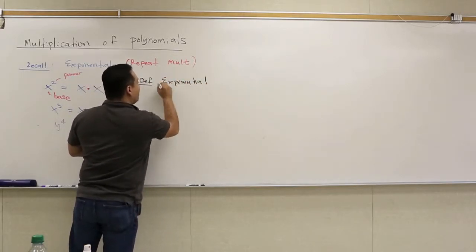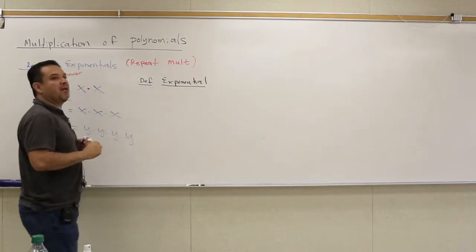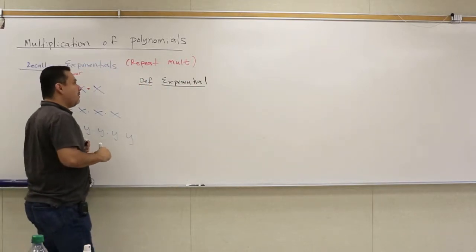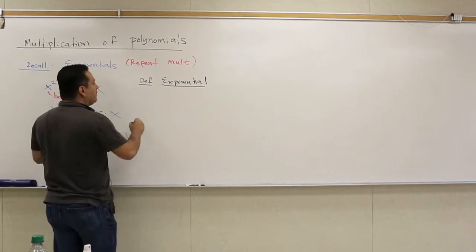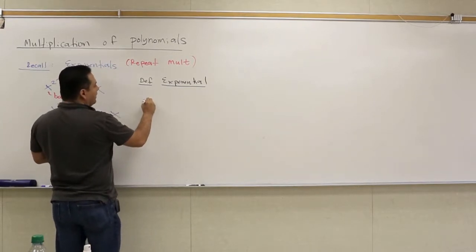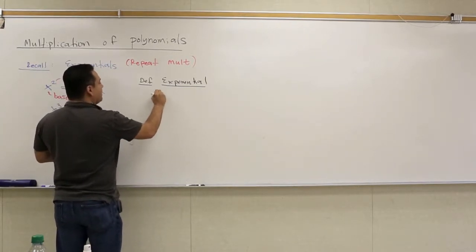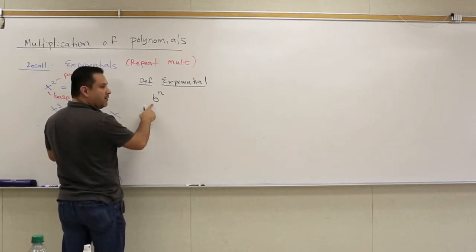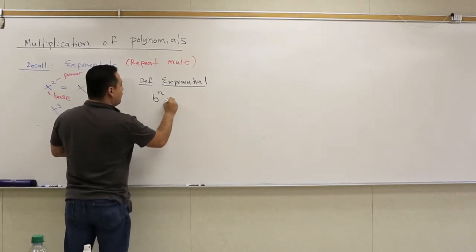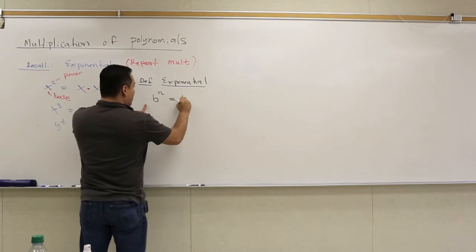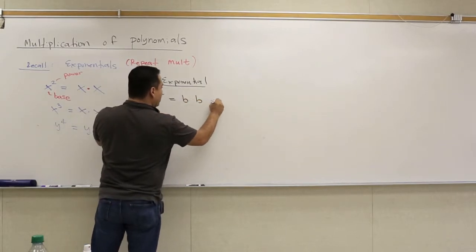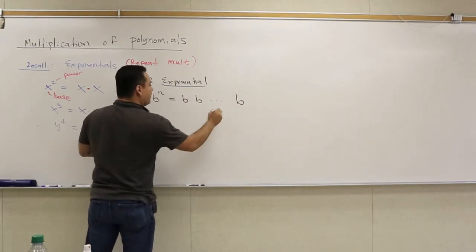And we won't get very heavily into exponentials today, but it'll come back. We'll talk more about it. You have, let's say, they give you a b to the n. They'll use b for the word base. And what that is, I have all of these b's multiplied together.